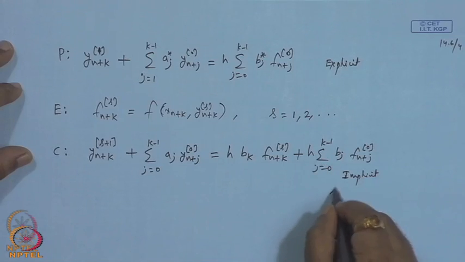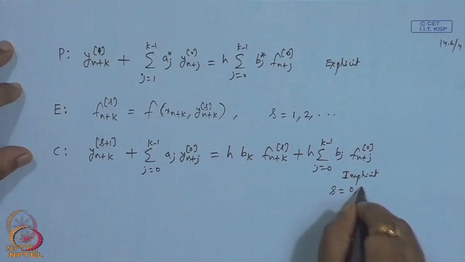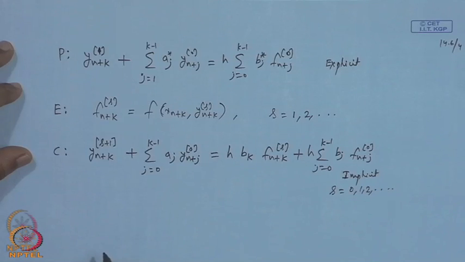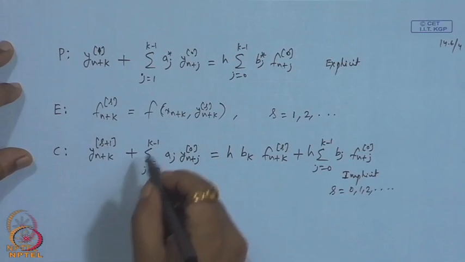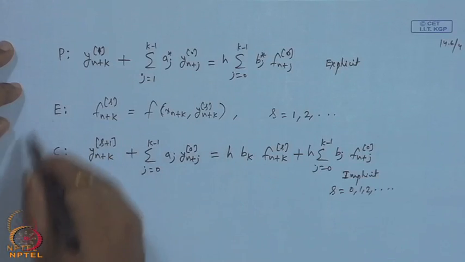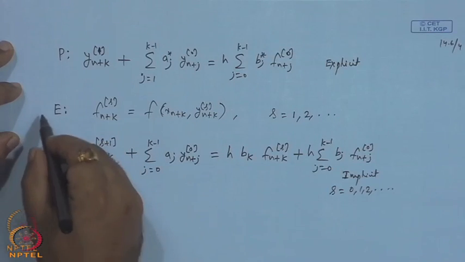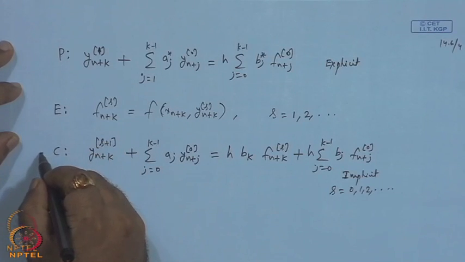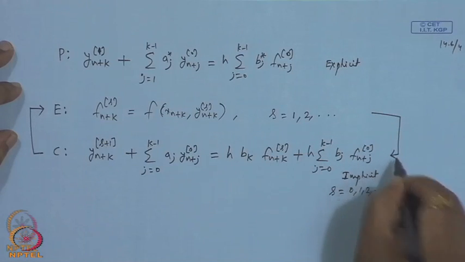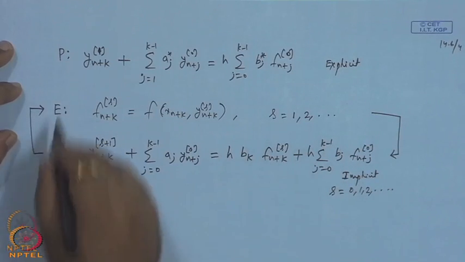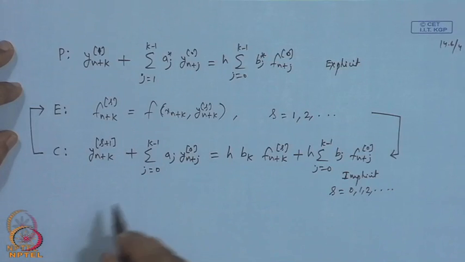So, this process goes 0, 1, 2, etcetera. Once we do it, again we evaluate. We are doing this process.